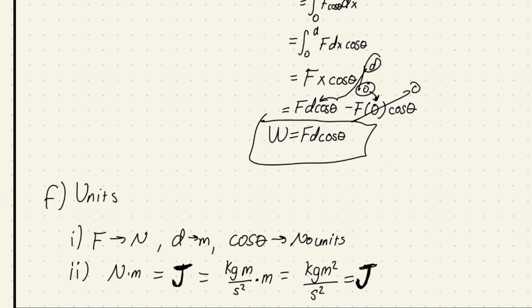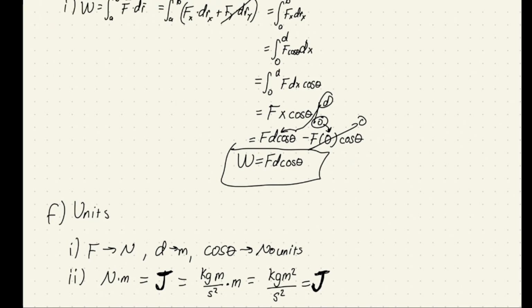But please don't do that in your homework because it just makes me have to do extra work. Just call it a joule. Everybody will be happy and you won't have to write as much. So our formula is F d cosine theta to calculate work. Work is done by a force that's parallel to the displacement, and the units of work are joules.